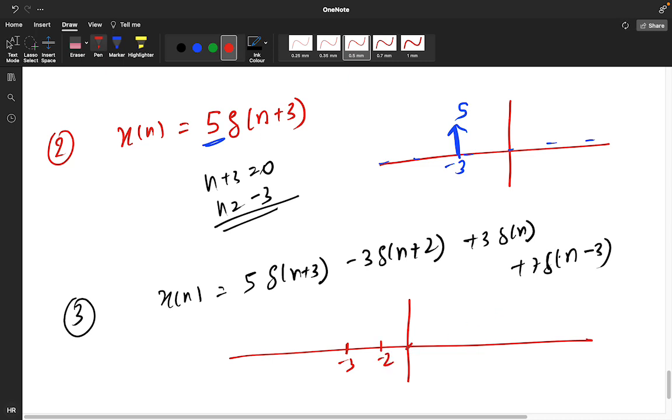At 0 you get plus 3. And at 3 you get 7. Okay, this is your x of n.